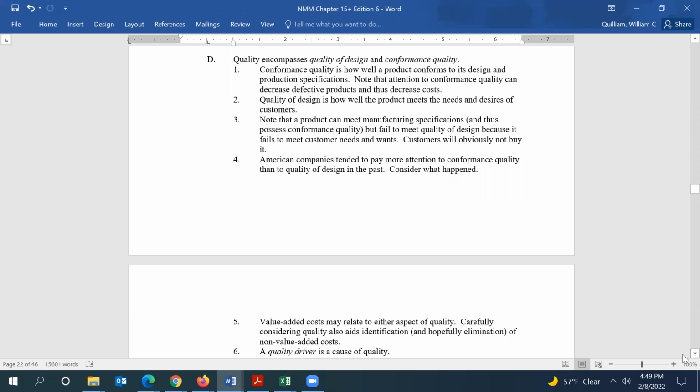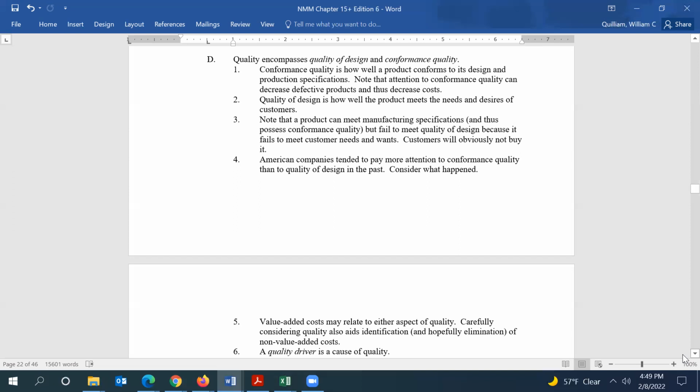Then, in the consumer's eyes, that's quality of design. It's how well the product meets the needs and desires of customers. Can we build a great product, but no one wants to buy it because they just don't perceive it to fit their needs and desires?